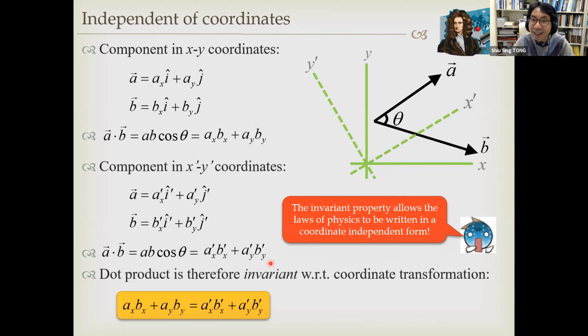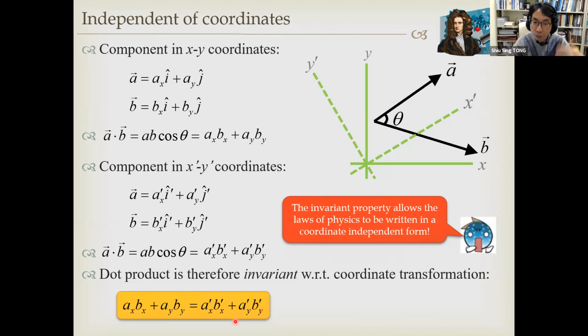But it turns out that this combination remains invariant with respect to coordinate transformation. Okay, do you understand what I mean? All the numbers are different, but it happens that this combination remains the same, no matter how you rotate the coordinates. It's quite a miracle, right?